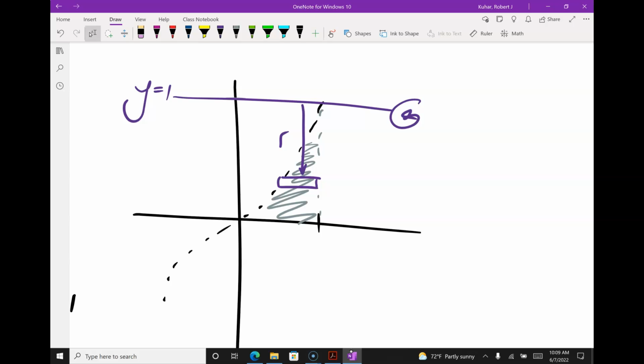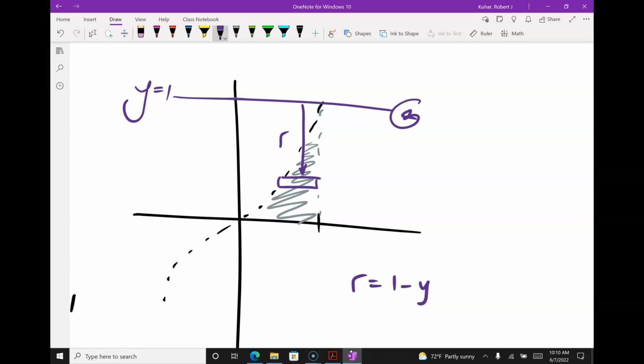So that particular height is just some y, but I have to do for my radius 1 minus y. Do you get that? Do you see that? That particular rectangle is at some height, y. In fact, it's at every height in that region, right? I just drew one of them. So that particular rectangle is y up in the air.